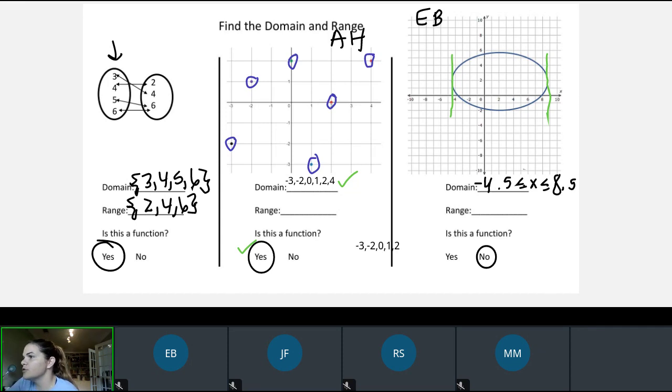So then for the range, we're going to use that inequality again. So go ahead and find the lowest value, which would be about here, and the highest value. You can just kind of guess on the decimal. Good, Angel. Great job on the range. Very good.